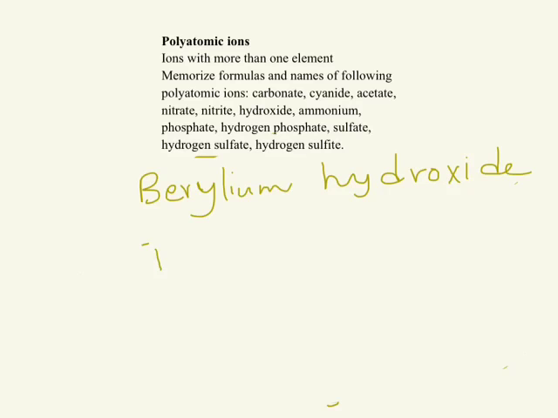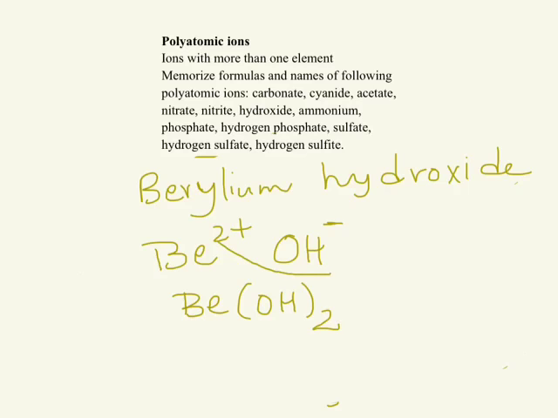Beryllium is in the second A group, 2 plus charge. Hydroxide is OH with 1 negative charge. The formula will be Be(OH)2. This 2 will go here, this 1 will go here.